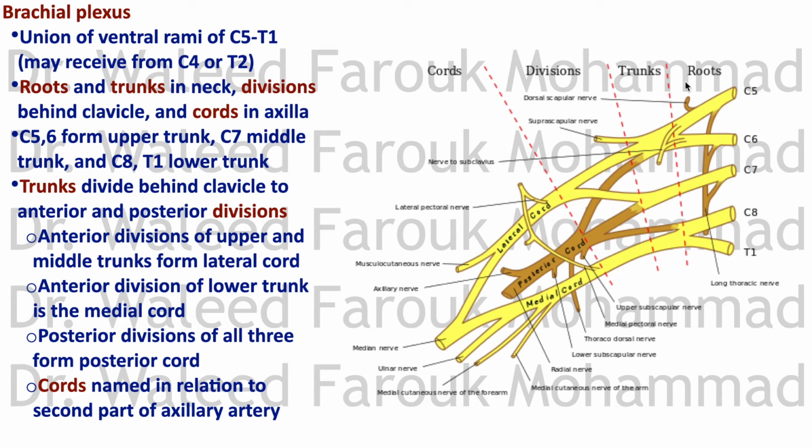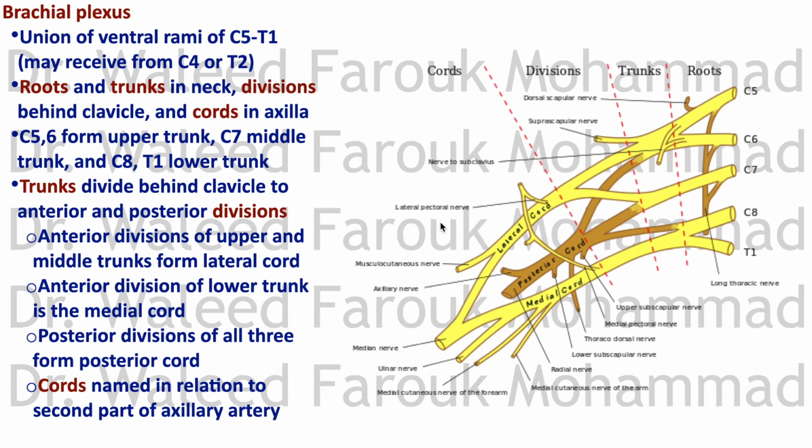It's divided into roots, trunks, divisions, and cords. They ask about the roots and trunks: the roots and trunks are above the clavicle in the neck, the divisions are behind the clavicle, and the cords are in the axilla. So if we are studying the axilla now, we'll be dealing with the cords of the brachial plexus.